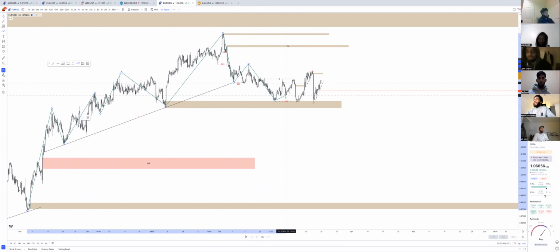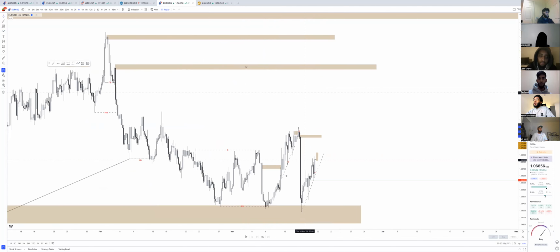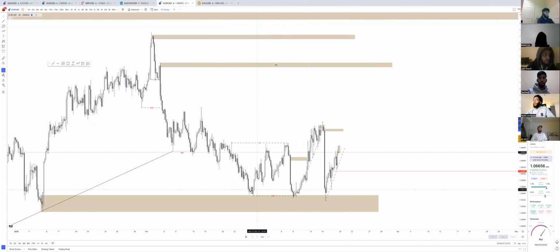So the idea is trying to anticipate where the market is going to go next. How do we predict that? You understand where most of the traders are in the market. We know there must be a lot of buyers in this area, because price keeps reacting off of it.